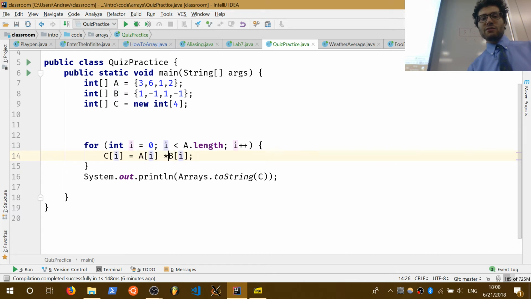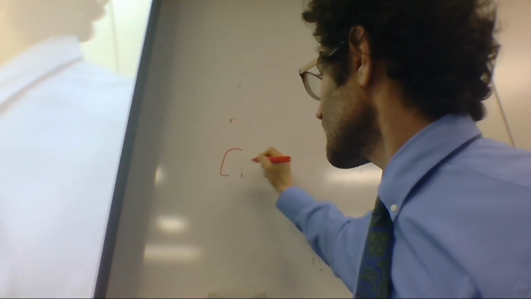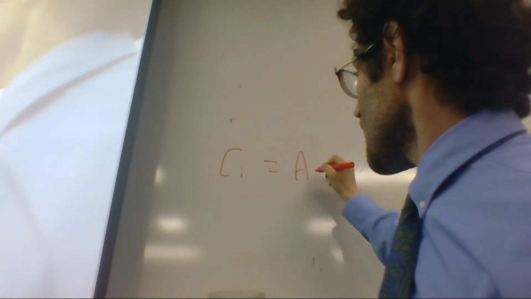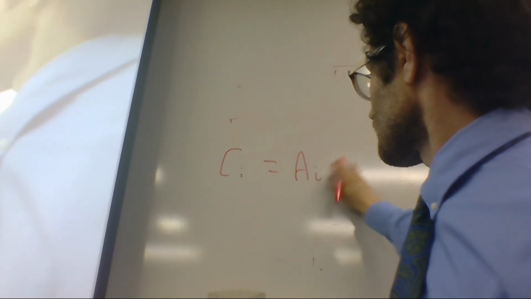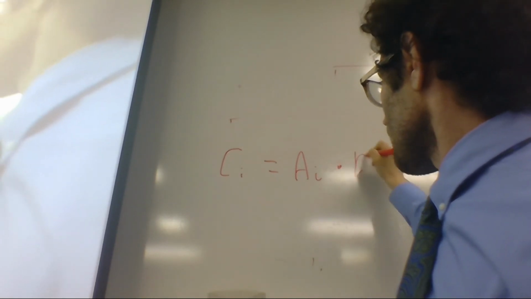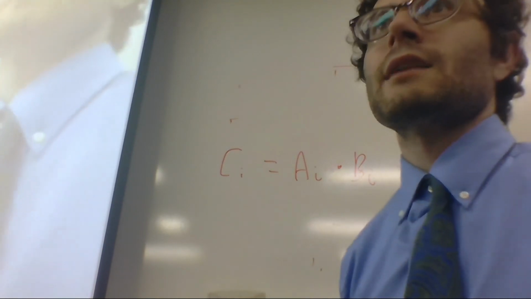Now, part of the reason we use this annoying bracket notation is that in math, this would look like a much more familiar equation if you've worked with vectors at all: C sub i is equal to A sub i times, or rather, dot B sub i, right?